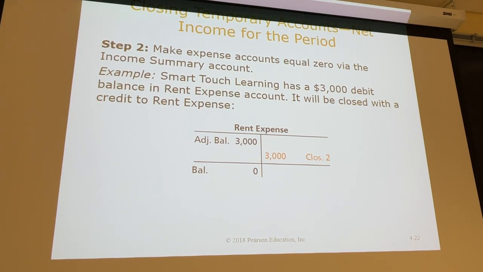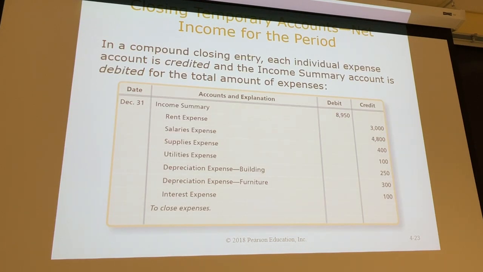And we're going to do the same thing to every other one of our expense accounts. So every one of our expense accounts is going to have a credit entry made to it to zero it out. So here you see the various expense accounts listed. Every one of them has a credit entry made to it to zero it out.